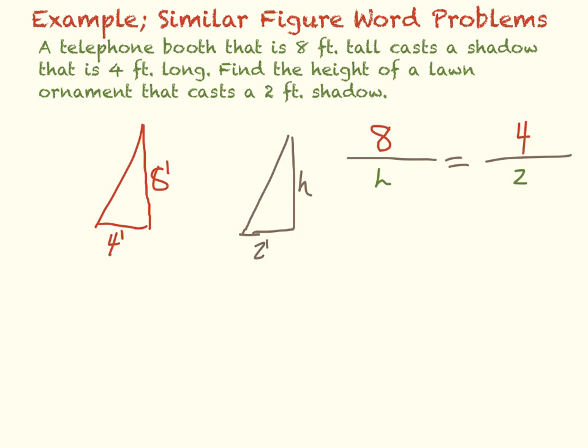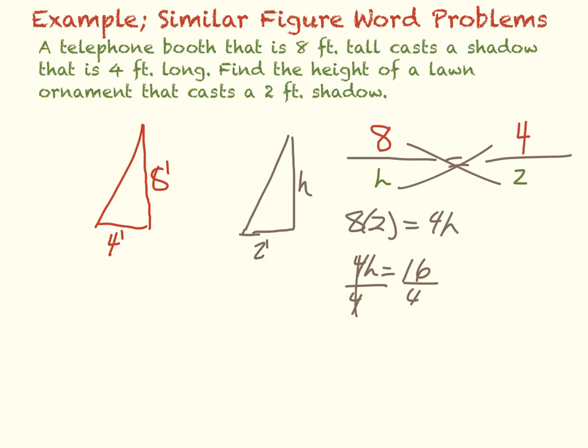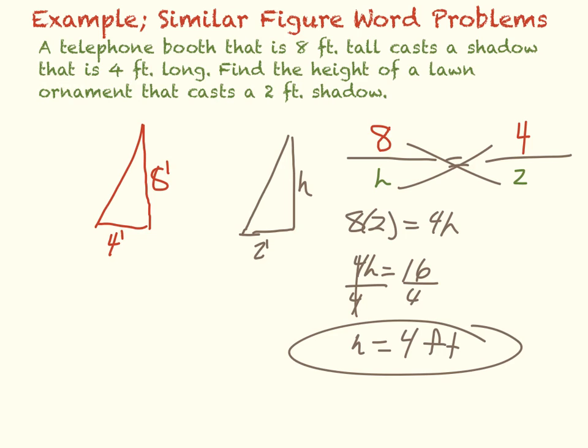So then I'm going to cross multiply. So I have 8 times 2 equals 4h. So 4h equals 16. So h is equal to 4 feet. And that's your final answer.